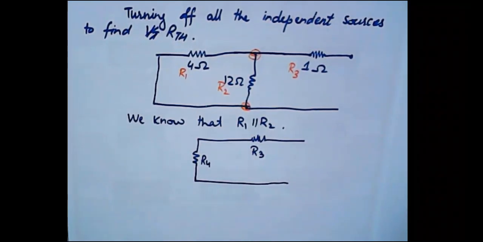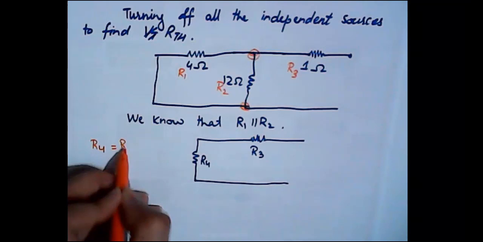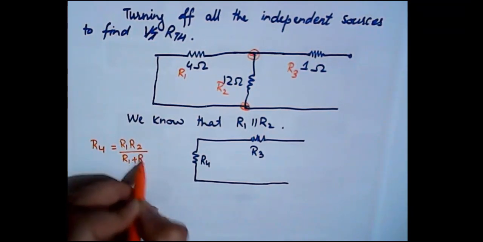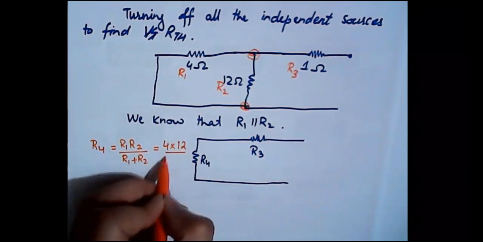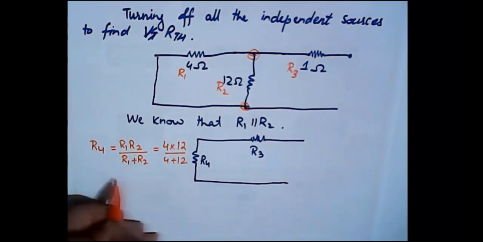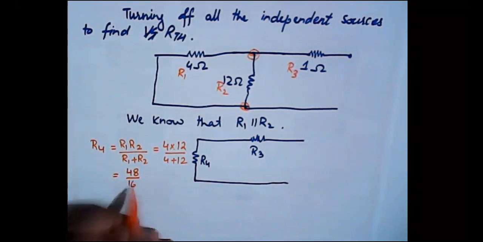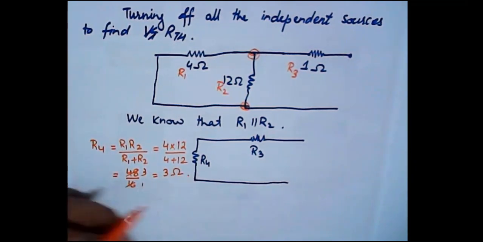And R4 will be equal to R1 R2 divided by R1 plus R2. It will be 4 multiplied by 12 divided by 4 plus 12. So it will be 48 divided by 16, or it will be equal to 3 ohms.